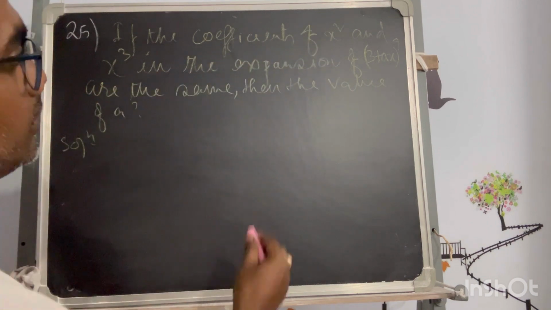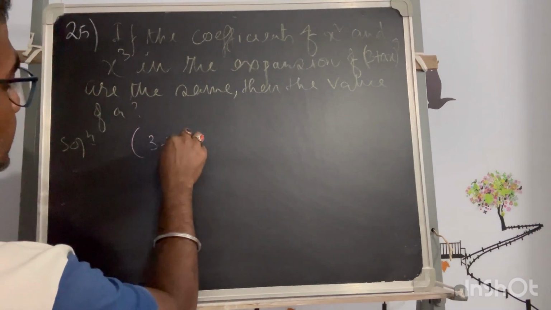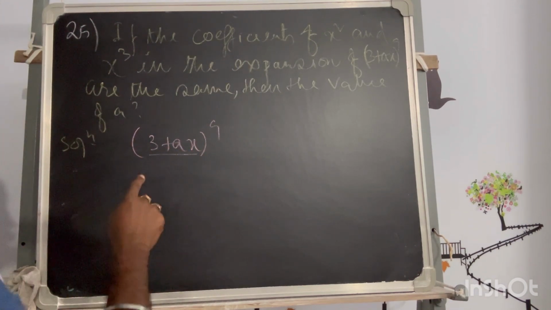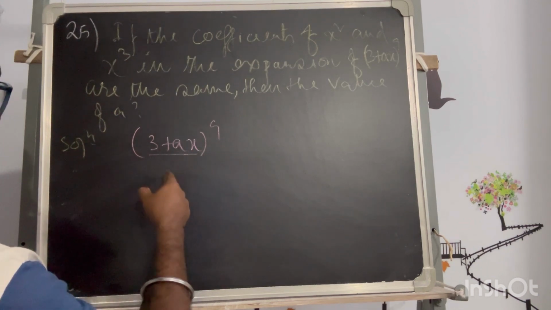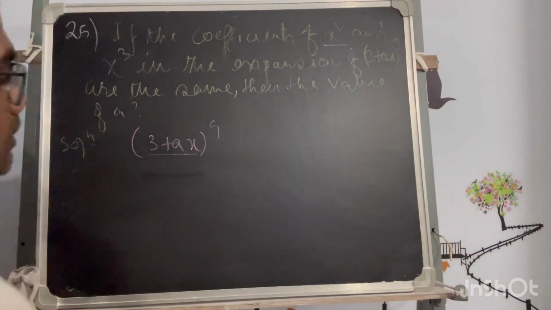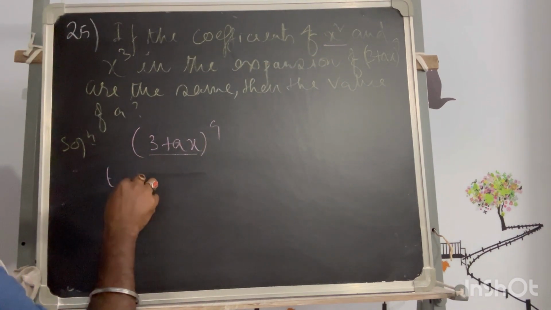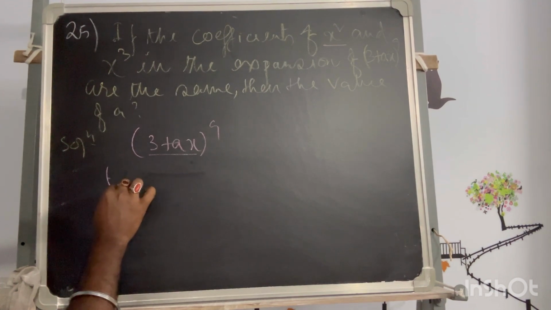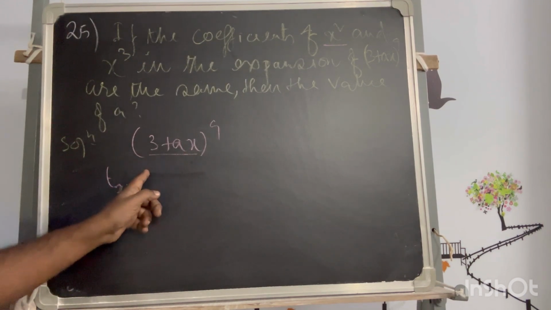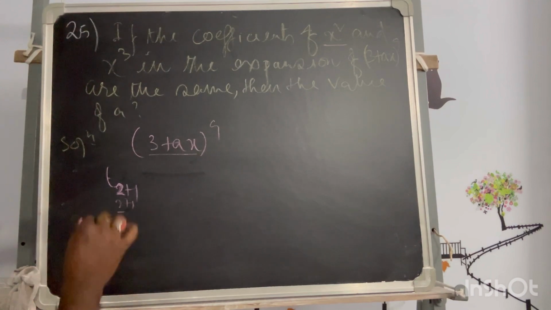So, if the coefficients of x square and x cube are the same: by seeing the expression (3 plus ax) to the power 9, you will know that the power of x in the terms starts from 0 and increases by 1 in each term. x square has to be present in the 2 plus 1 term, because x increases according to the value of r in the r plus 1 term. If r is 0, the x power is 0; if r is 1, the x power is 1, and so the x square comes in the third term.